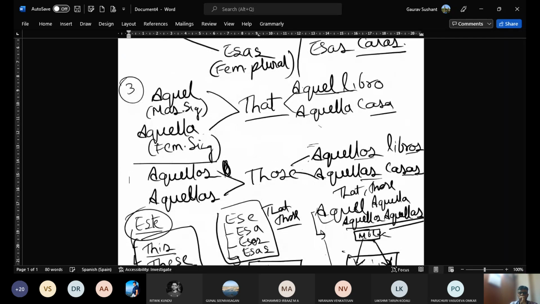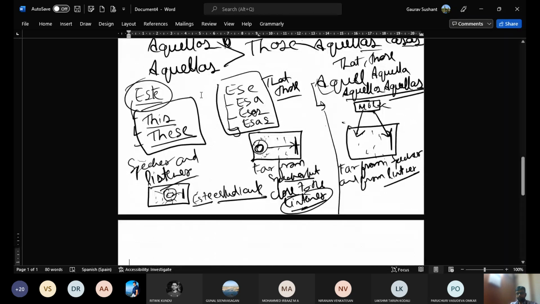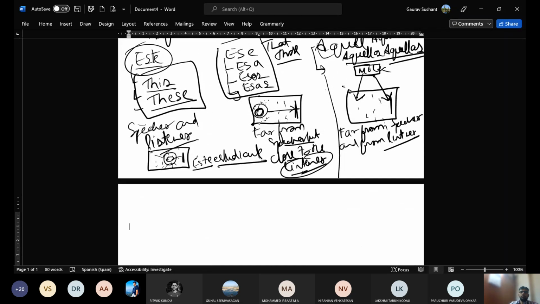Okay, we'll give you some examples here. That's what I just said. If you want to say that building is very big, let's say I am talking about M block, I will be using aquel edificio es muy grande.